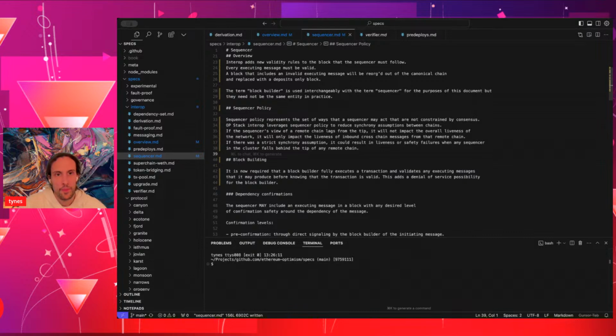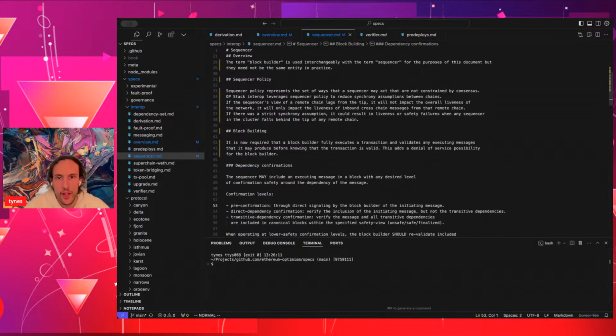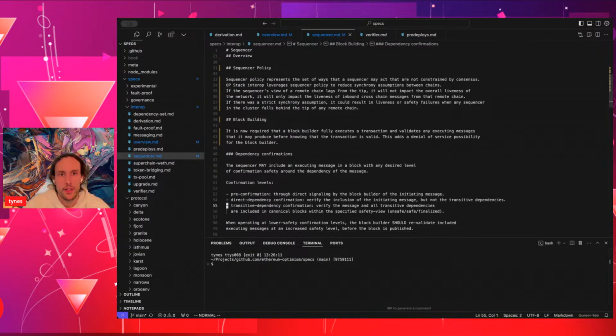Okay, so I think that's good there. Block building. It is not required that a block builder fully executes a transaction and validates any executed messages.